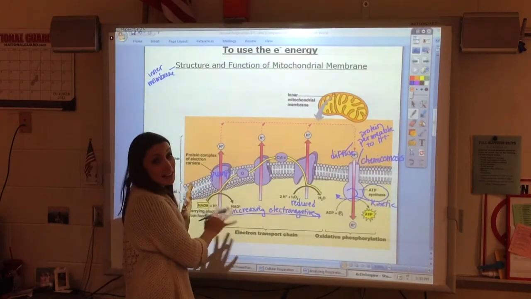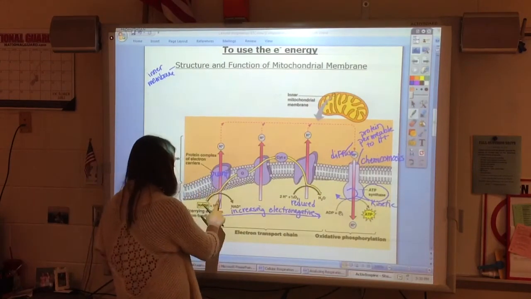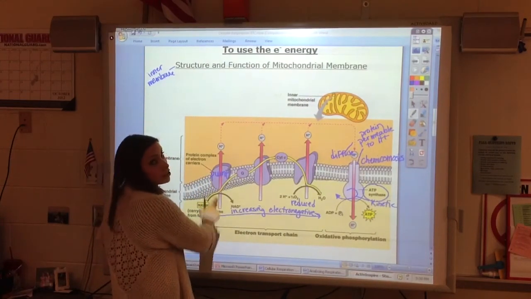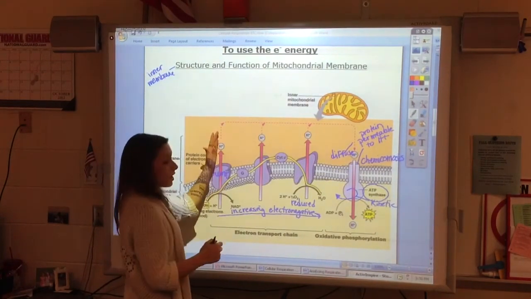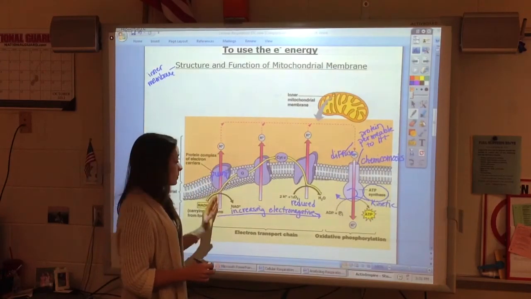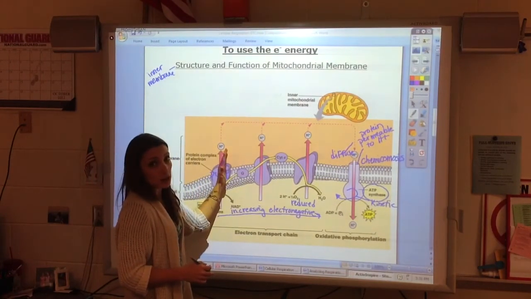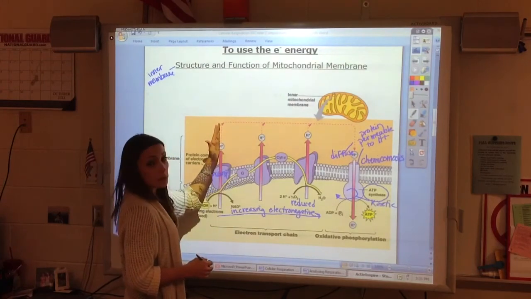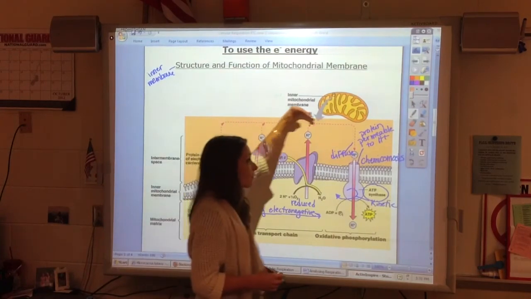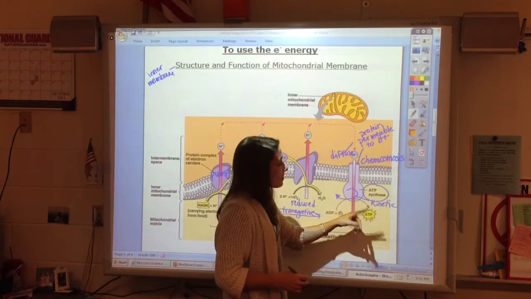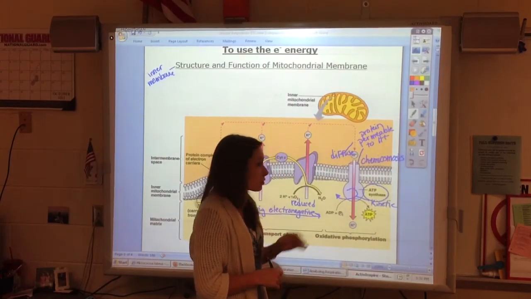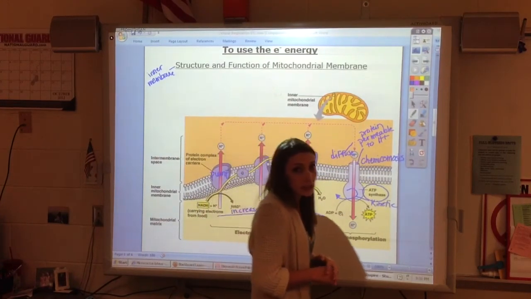We don't need ATP here. We use the energy from the electron to do the pumping. These pumps don't use ATP. These pumps use electron energy. Electron energy pumps the hydrogen ions. When they flow down their gradient, that's when the kinetic motion will result in the formation of ATP.